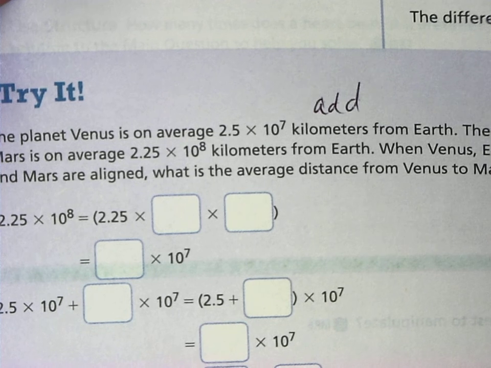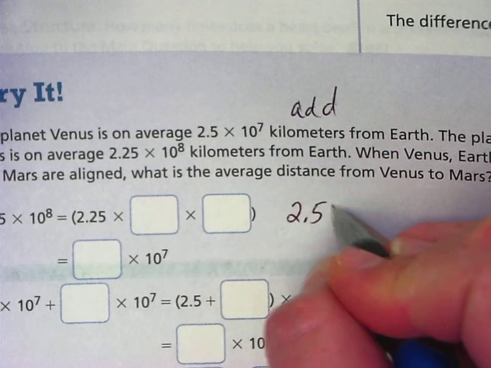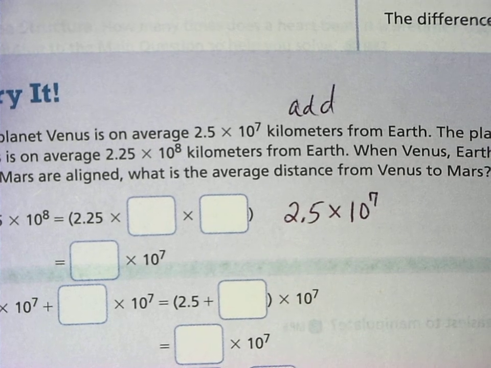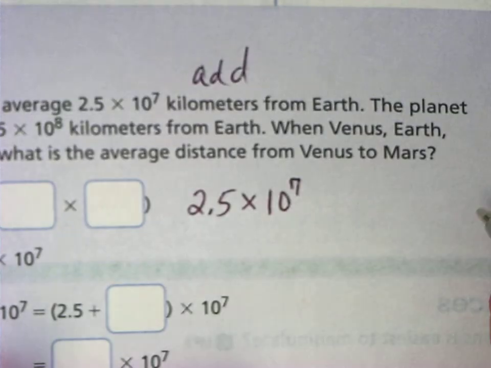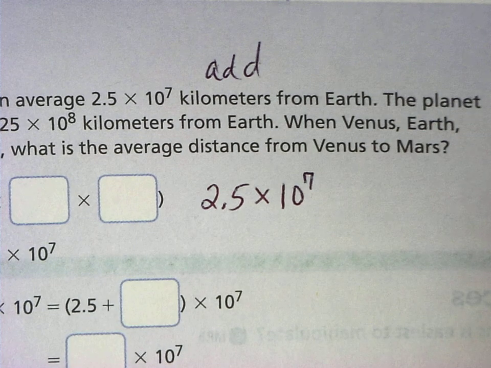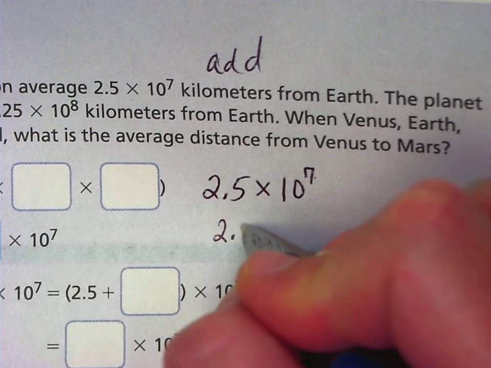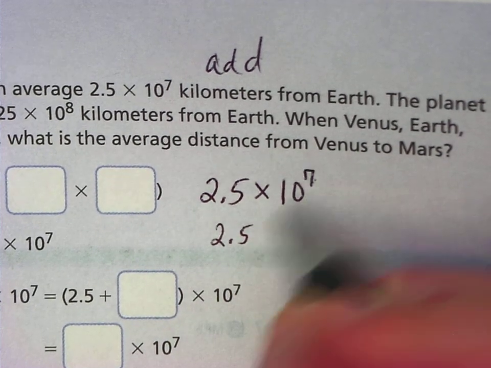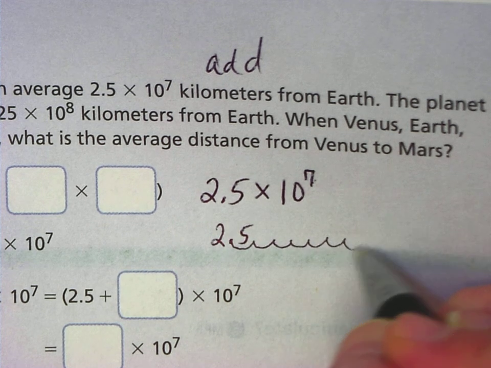Okay, so now I'm going to take both of these numbers, 2.5 times 10 to the 7th. We'll do that first, and we're going to turn them into standard form. We're going to write them as regular numbers first, okay? So because this is a positive 7, I'm going to move this decimal 7 to the right. So I'm going to take 2.5, and I'm going to move the decimal 7 to the right. 1, 2, 3, 4, 5, 6, 7.